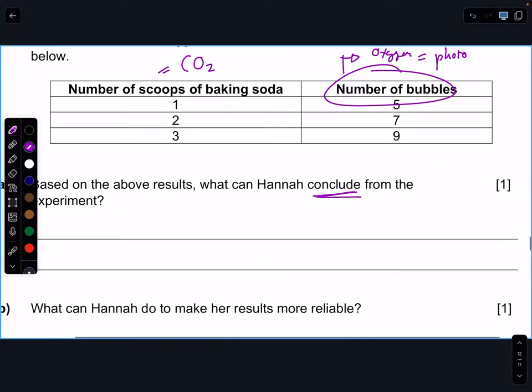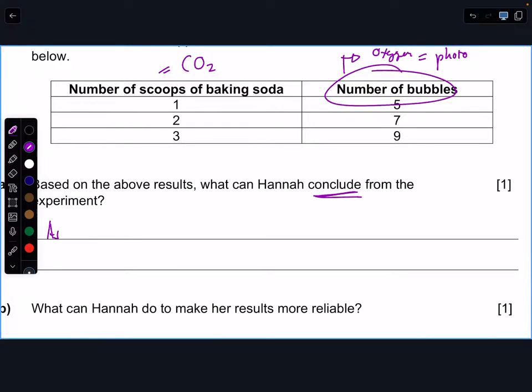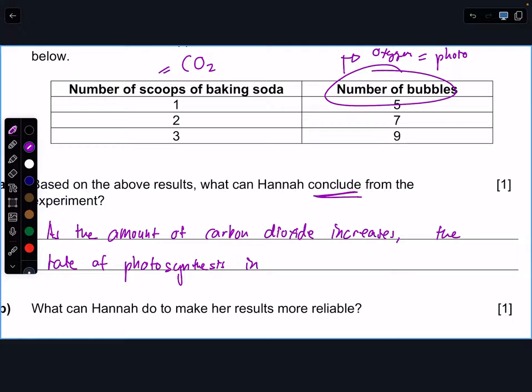So when you answer this, you need to say, as the amount of carbon dioxide increases, the rate of photosynthesis increases. So be careful, is it a relationship question or is it a conclusion question? This is a conclusion question.